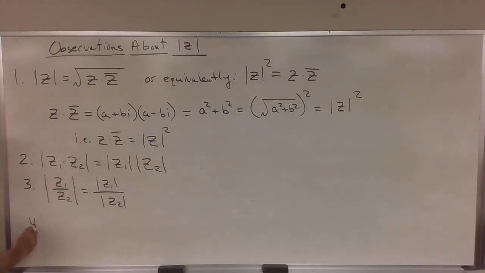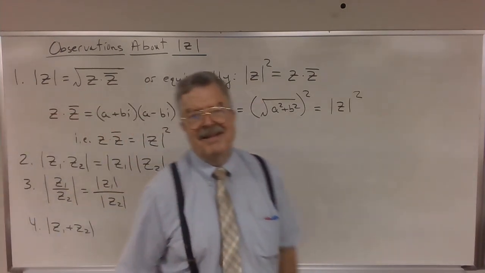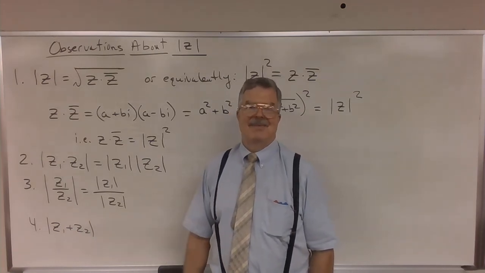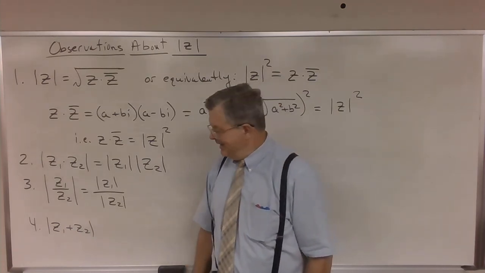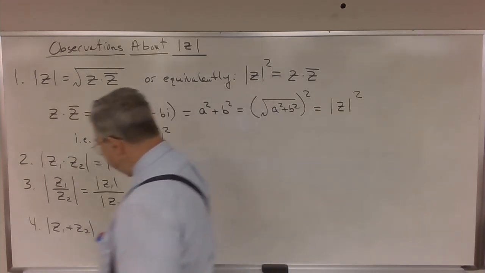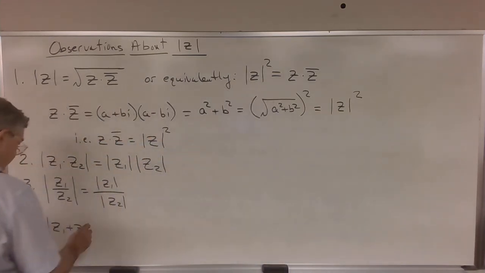And then finally, the modulus of z1 plus z2. Now just look at this thing down here, and what do you think we're going to do with it? The modulus essentially is analogous to the absolute value.